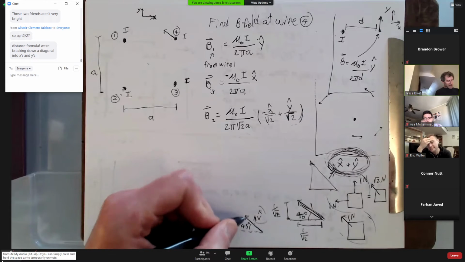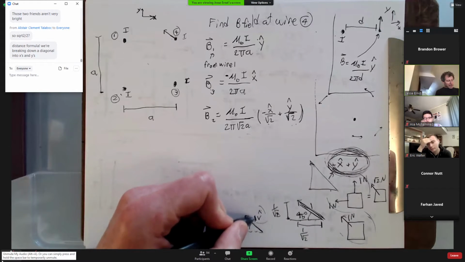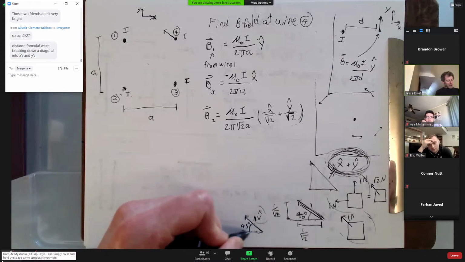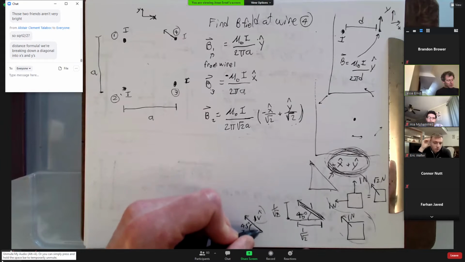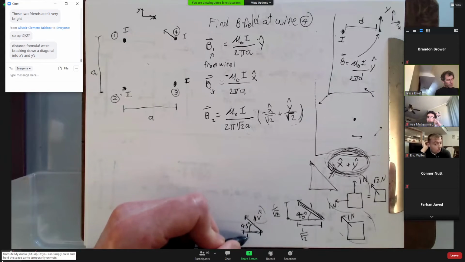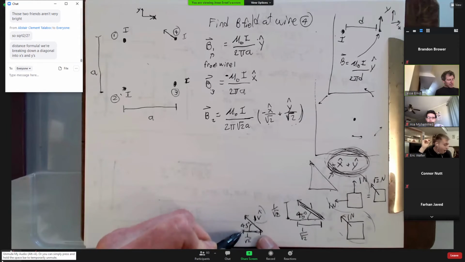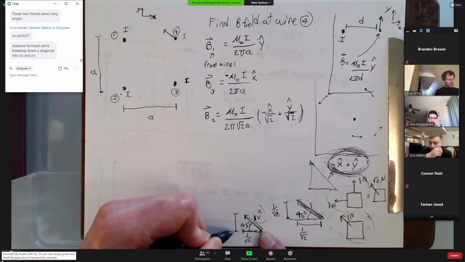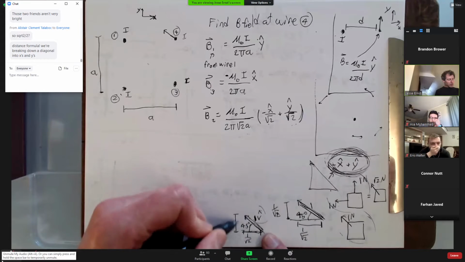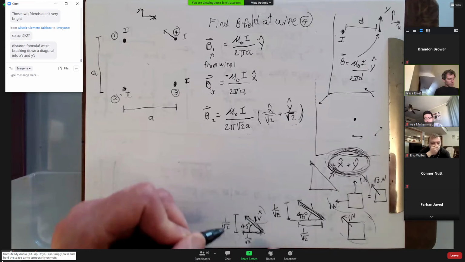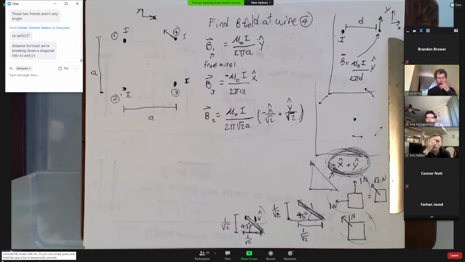You would have to say its length times cos 45 is its x component. So it's 1 over root 2, or square root of 2 over 2. If this length is 1, this length is 1 over root 2, and its vertical component is also 1 over root 2. Distance formula, breaking down a diagonal into x's and y's.